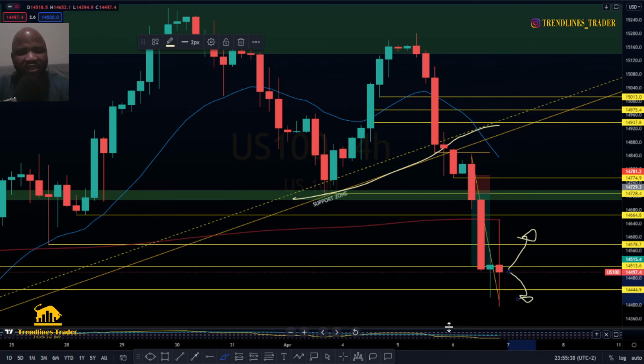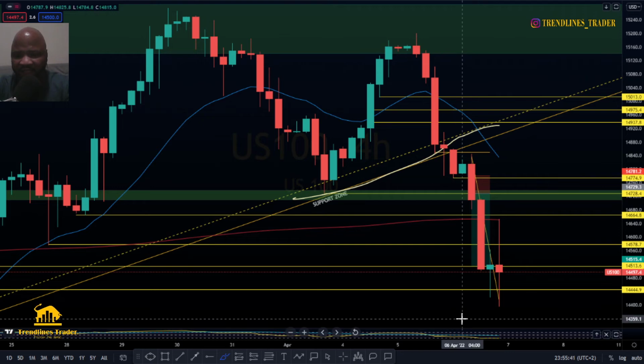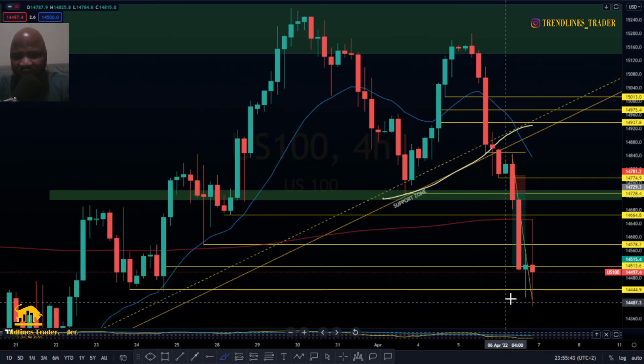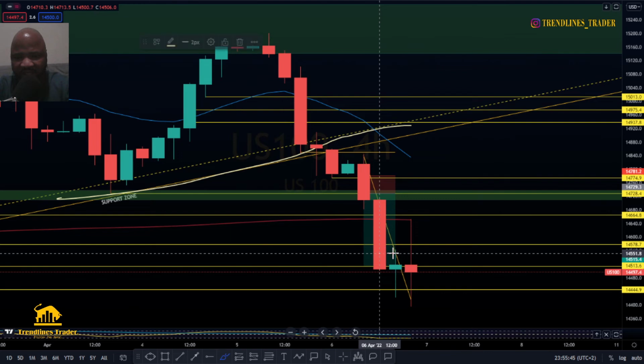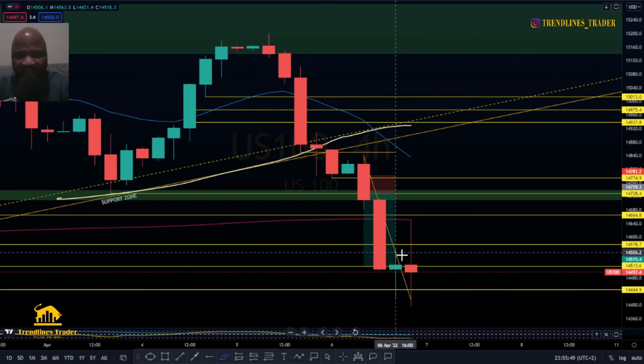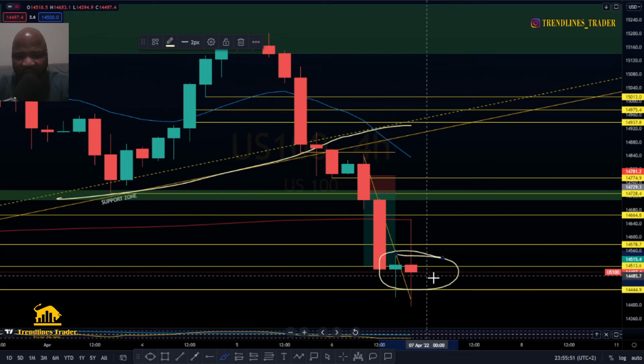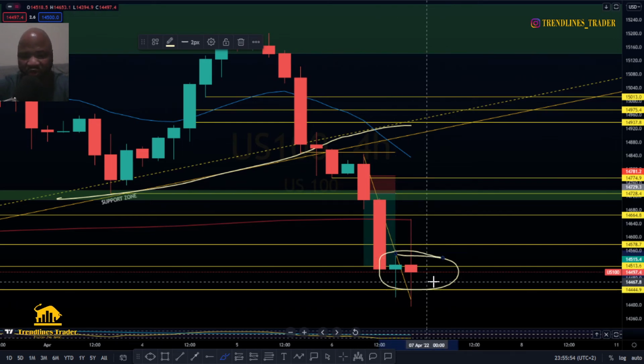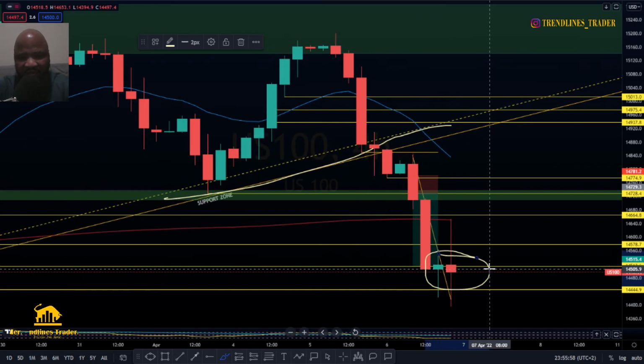As you can see, it's indecision. Both candlesticks give you a pattern. It's something that we always find when we trade. This is an indecision pattern.